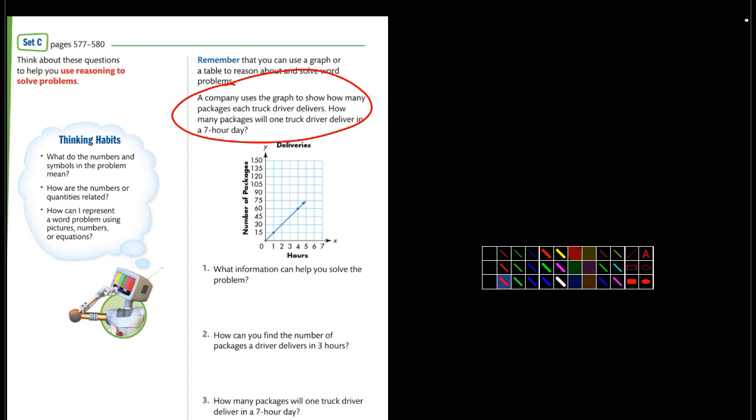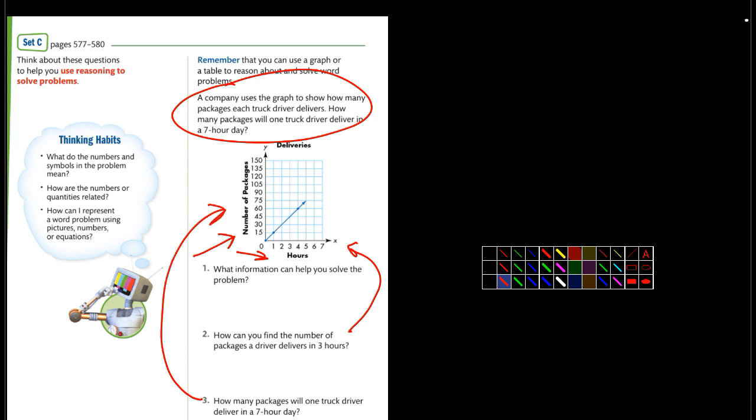Okay, well, look at the graph. What information have they given you that could help you solve the problem? Write it down. And then number 2, how can you find the number of packages a driver delivers in 3 hours? Okay, well, how could you do that? You know how to read these graphs now.